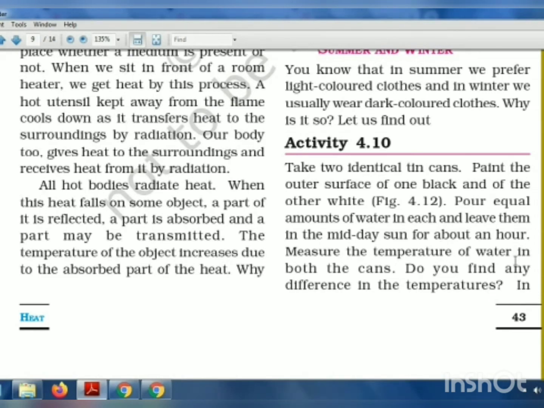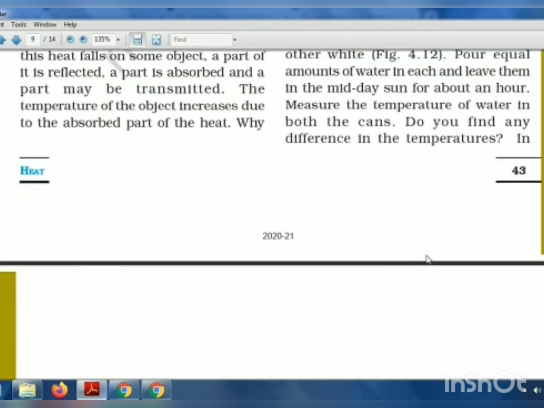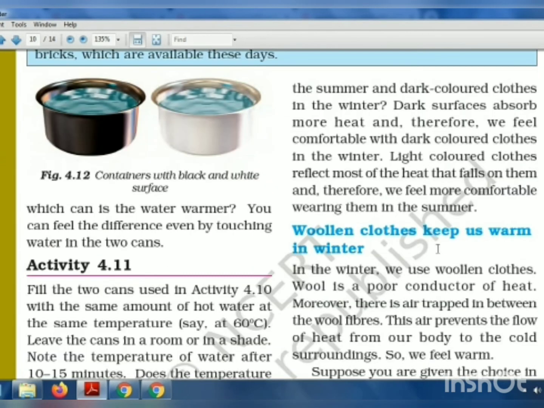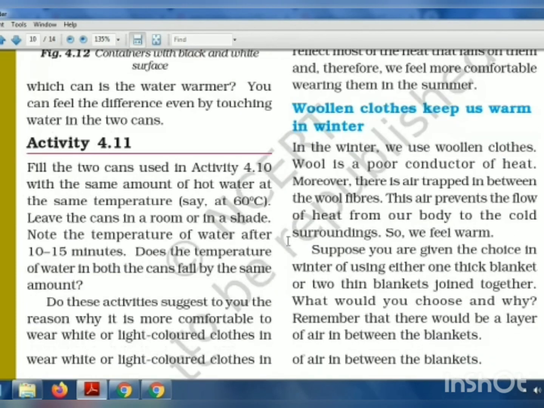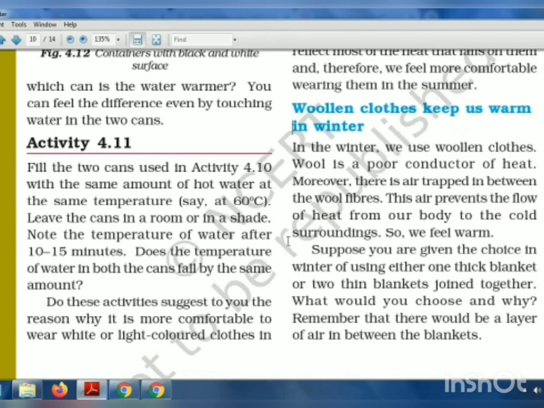Now measure the temperature of water. So what will you find? The can which you had painted black, its temperature will be high compared to the can which you painted white. Why is it so? Because the dark colored things absorb more heat compared to the light colored ones.